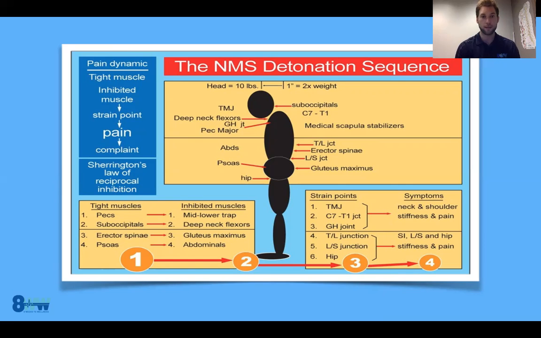So what does that mean? Posterior chain is all the muscles on the backside and anterior chain is all the muscles on the front side. Okay, so they have to be in a good relationship. So we want a very strong posterior chain, and then we also want good core stability and strength too.